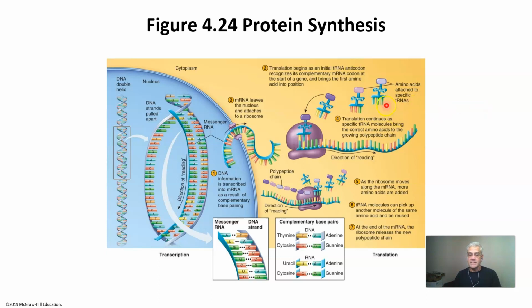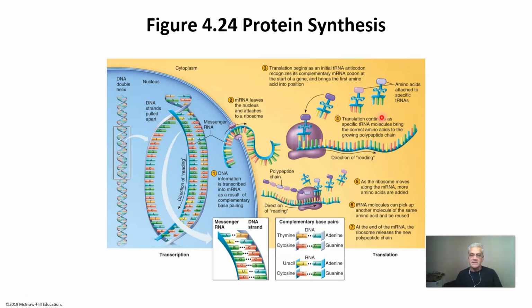So on one end of a tRNA is a 3-base sequence. On the other end of the tRNA is an amino acid that is attached to the tRNA and is specific for that particular sequence of RNA. This 3-base sequence is called an anticodon.